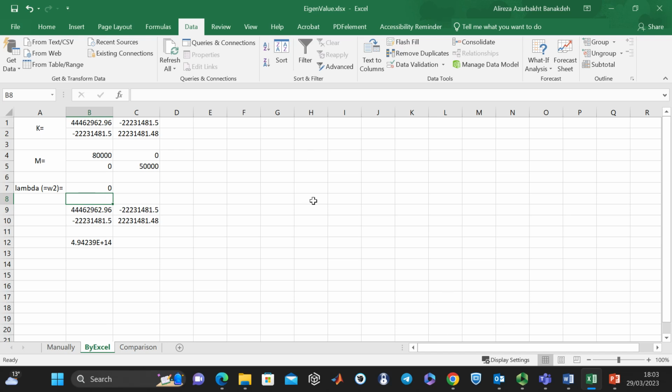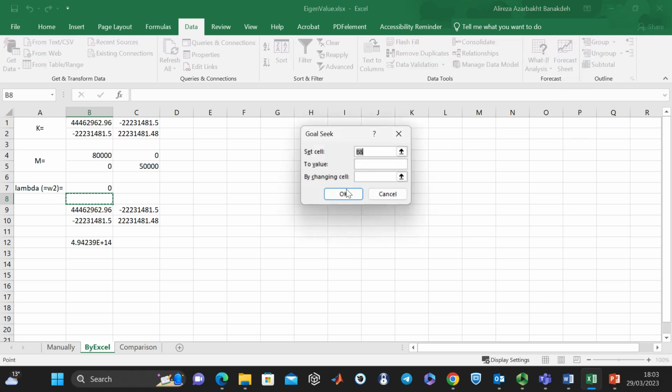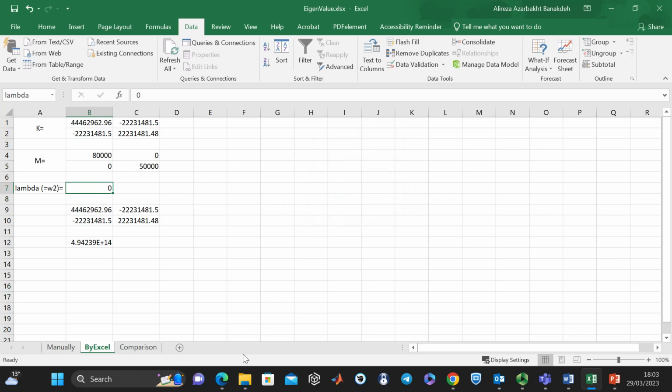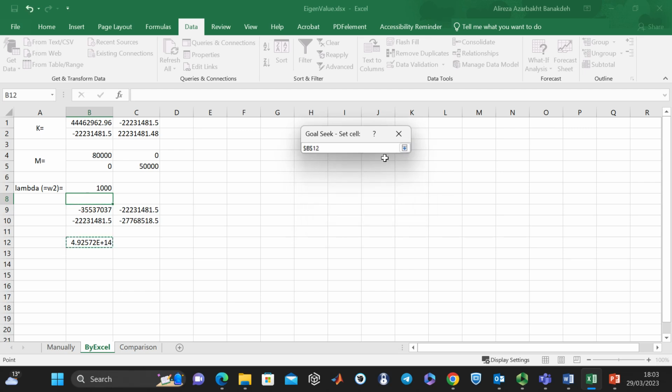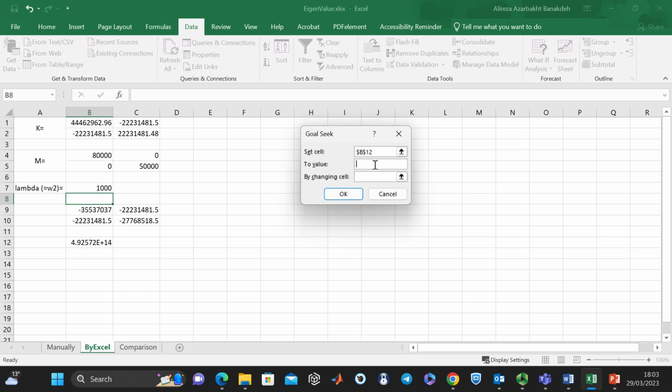If I repeat the process, What-If Analysis and Goal Seek, and sorry, again this time I start from something like 1,000 or 10,000, something very far from 0. Again, I go to Goal Seek. I set this one to 0 by changing lambda.